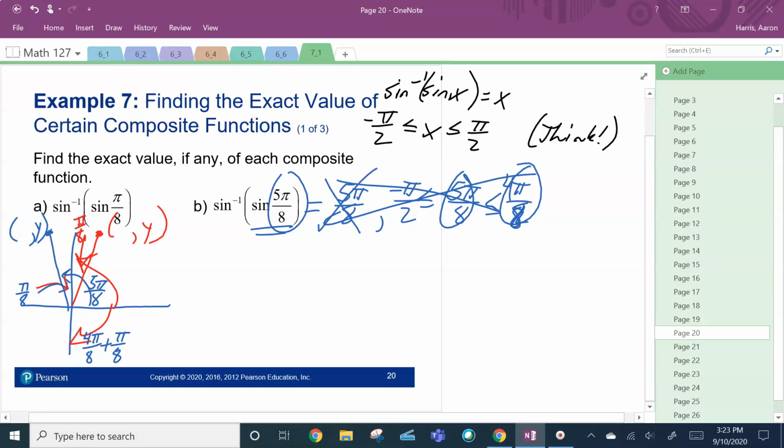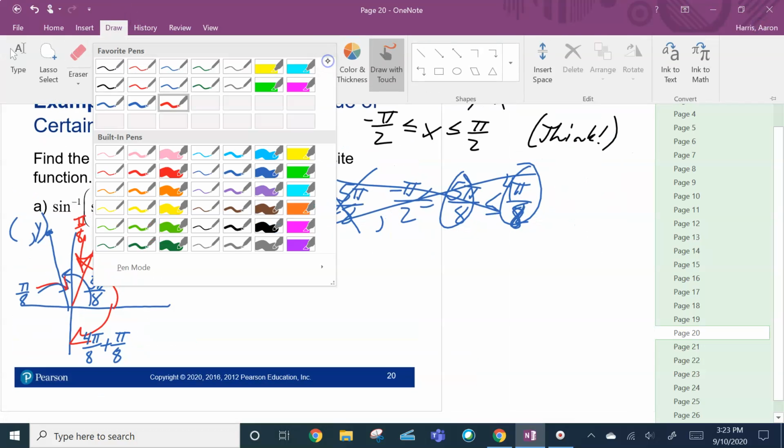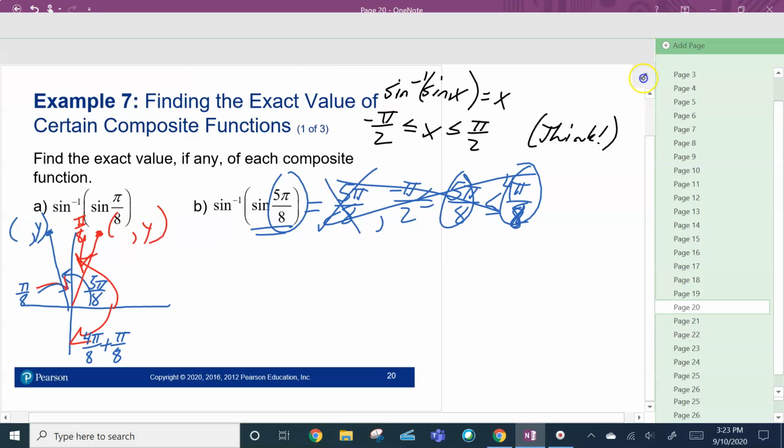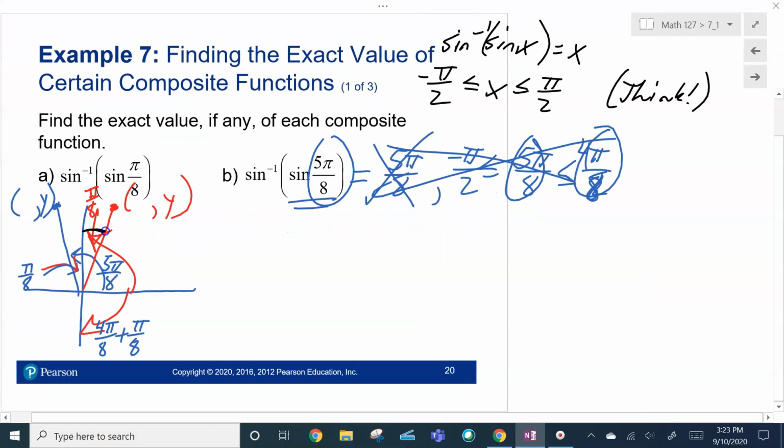So if this little angle is also pi over 8, which means this is pi over 8, if I kind of walk it back so that their heights are the same, it's the same y value, then I can go, well, what's pi halves, or 4 pi over 8, minus this pi over 8? That is the angle I need.